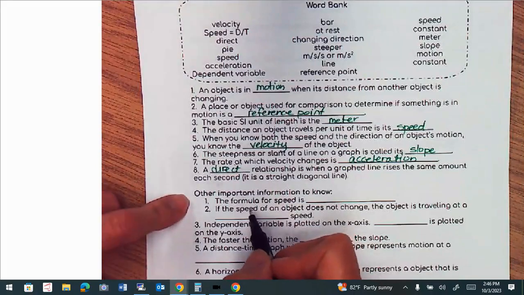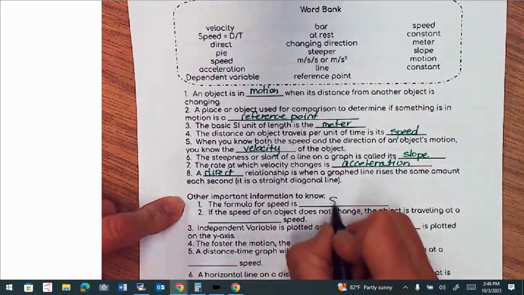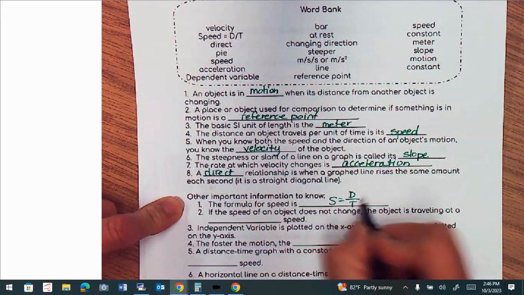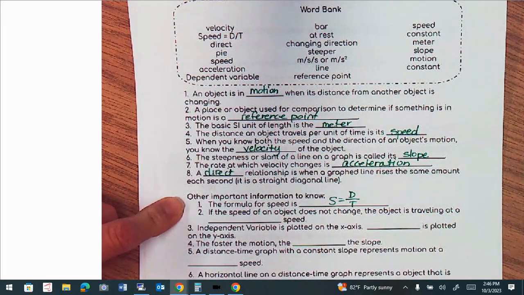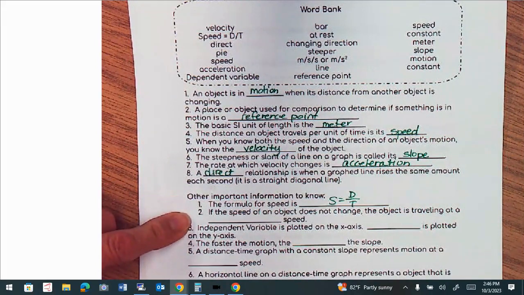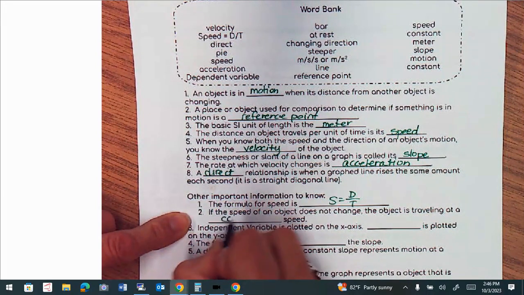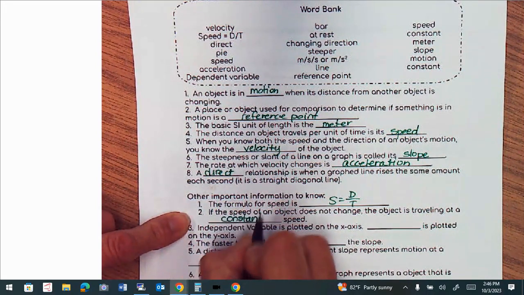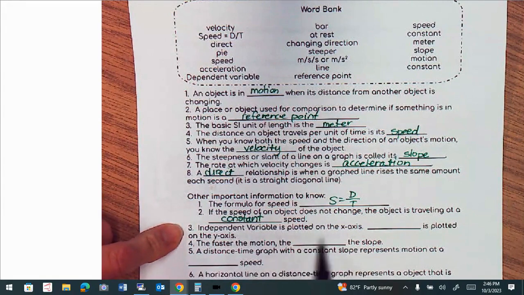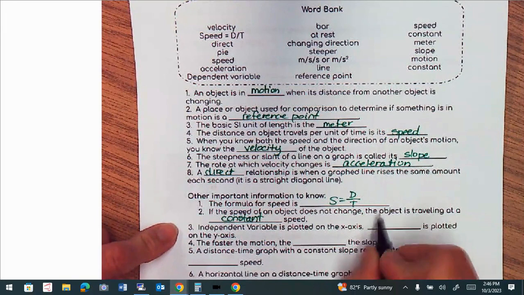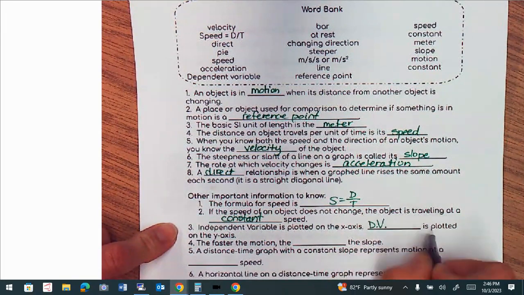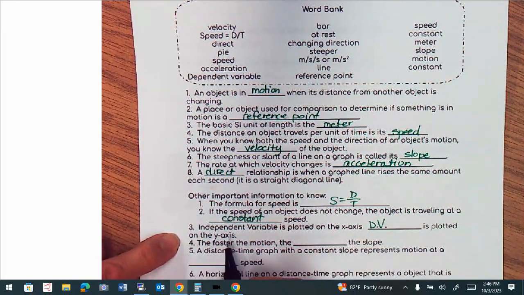Number 1, the formula for speed is equal to distance divided by time. If the speed of an object does not change, the object is traveling at a constant speed. Independent variable is plotted on the x-axis, which is your horizontal axis, and your dependent variable is plotted on the y-axis, which is your vertical axis.